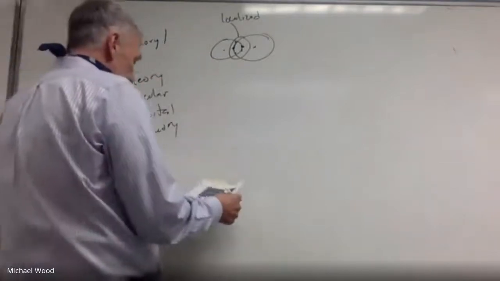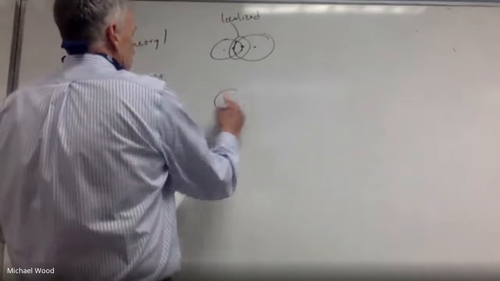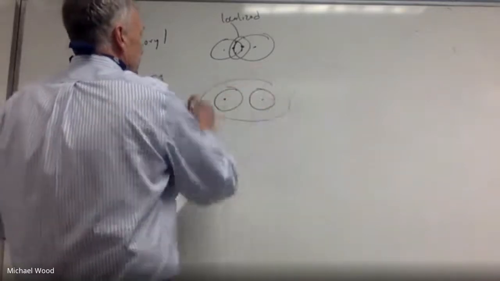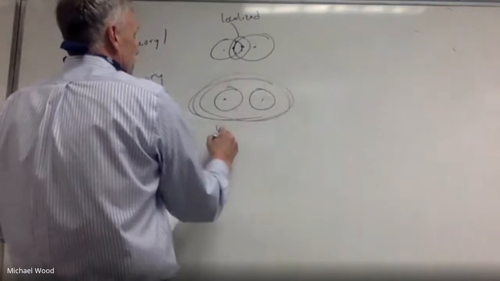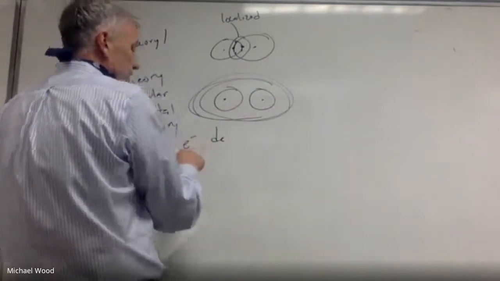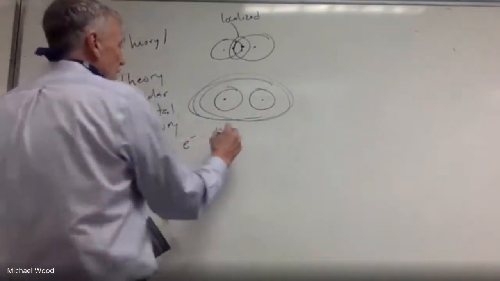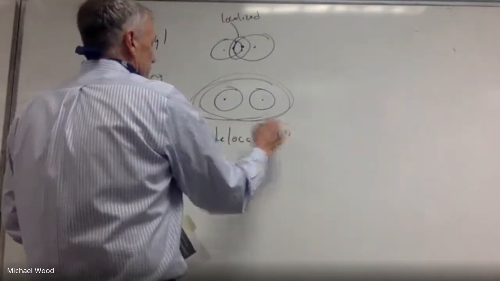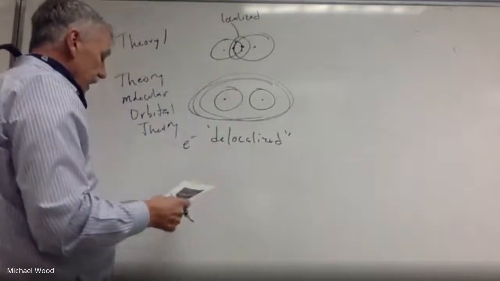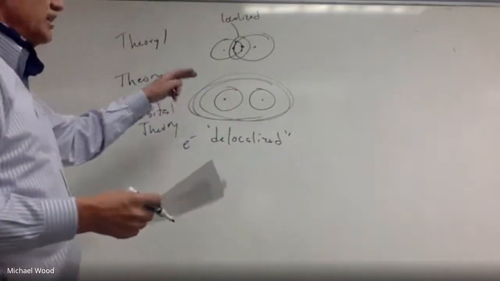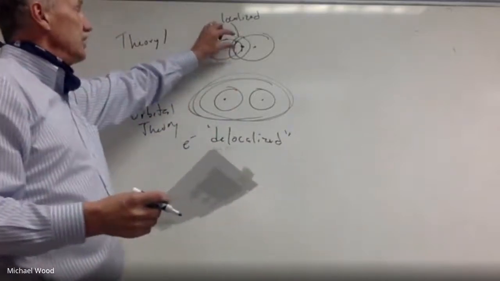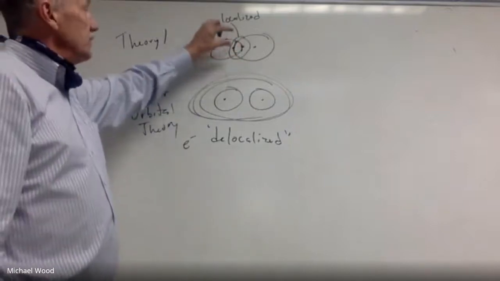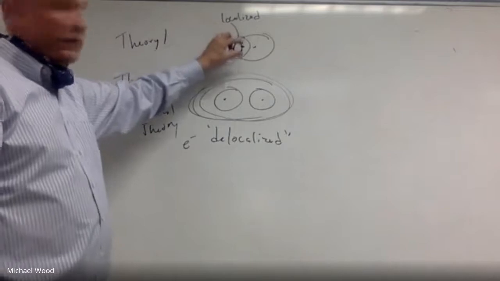But in this model, if I've got the nucleus and the electrons, and the nucleus and the electrons, what this says is the electrons are out here. The electrons, e negative, are delocalized. What that means is, the model we're going to be using says the electrons are located right here.